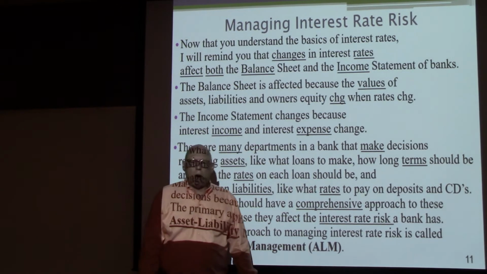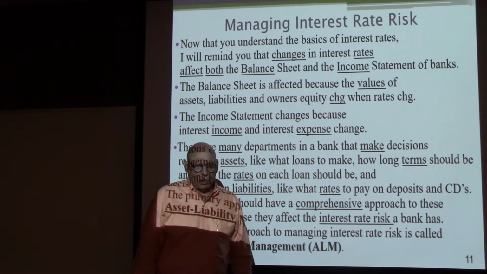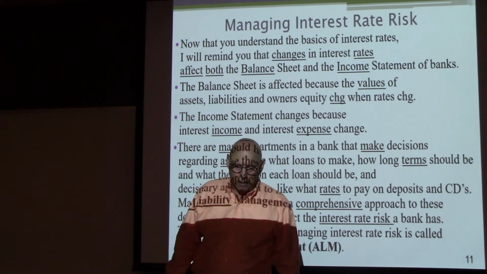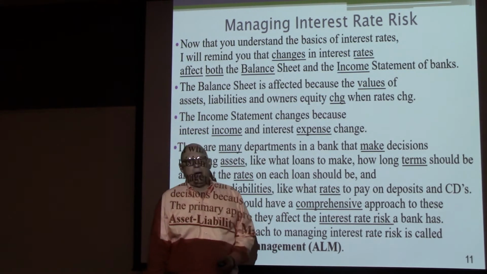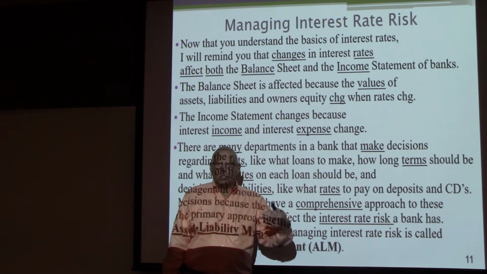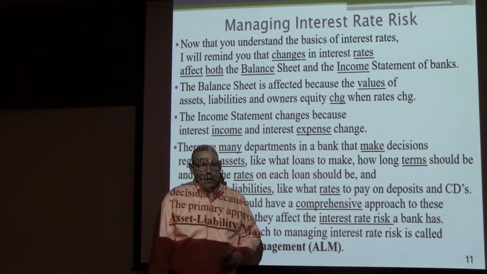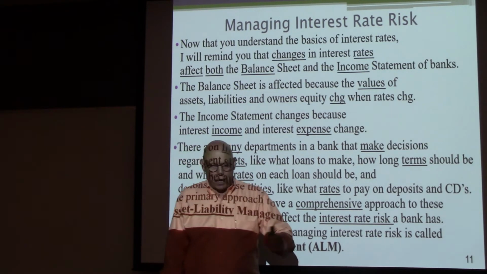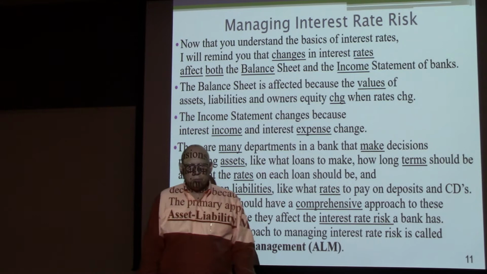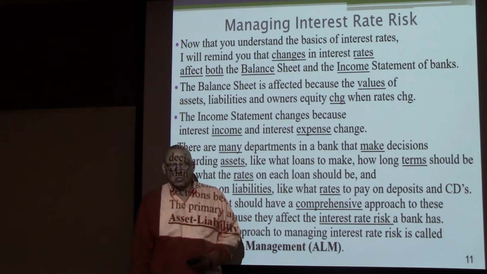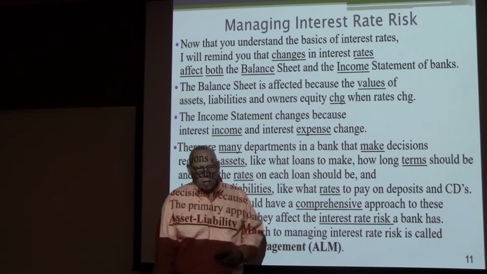There are many departments in a bank that make decisions regarding assets, like what loans to make, how long terms should be on those loans, what rates should be on those loans. And those people who make decisions about liabilities, like what rates to pay on deposits and on CDs.